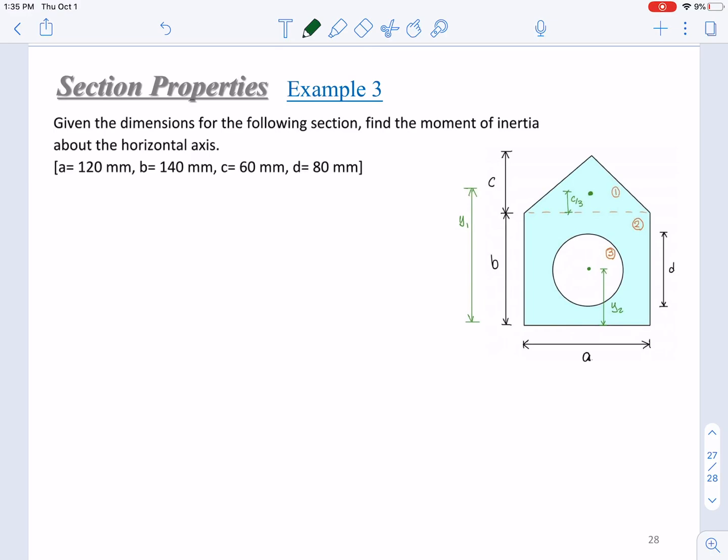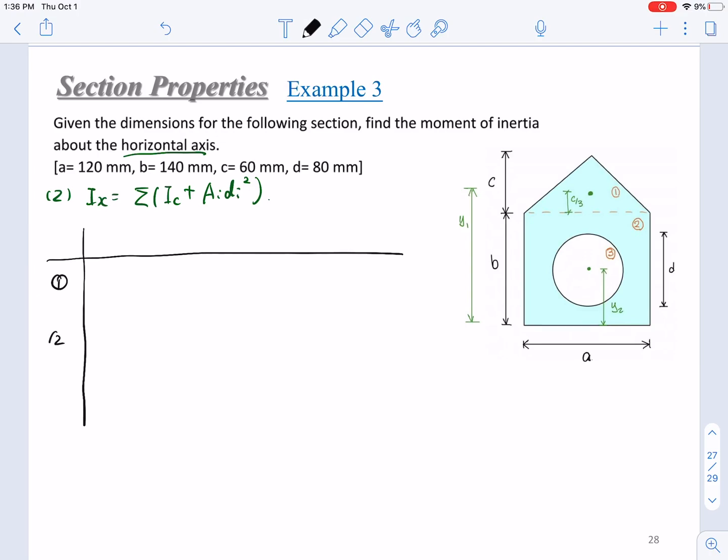Then we can calculate the Ix. Second step, we're calculating the Ix. This will be sum Ic plus Ai di square. Right? The table: area 1, area 2, area 3. Okay.